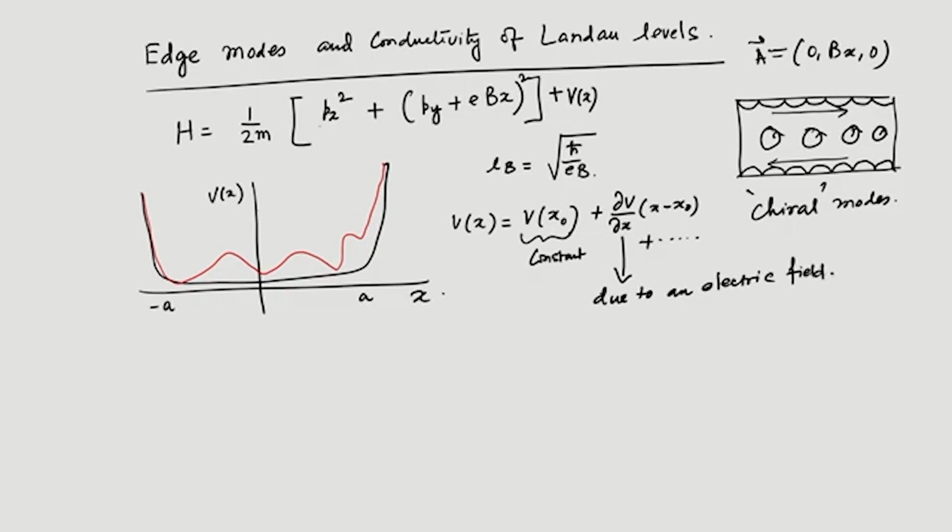Because of this term, the particle actually acquires a velocity in the y direction. So there is a drift velocity in the y direction, which can be written as v_y equal to minus (1/eB) dV/dx, as it is written there.